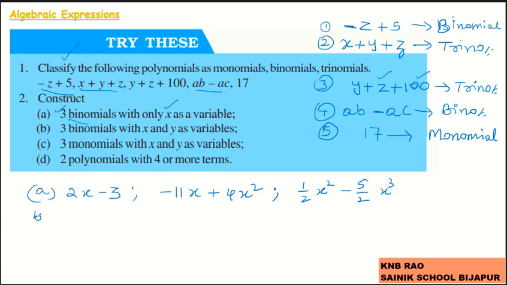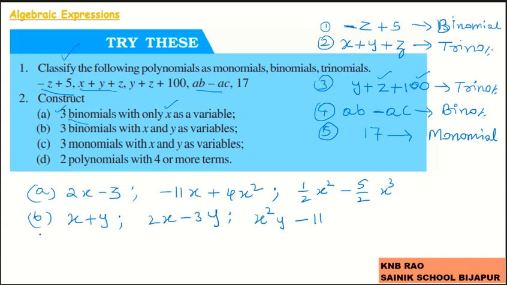Now, coming to the second sub question, B, 3 binomials with the variables x and y. I can use x plus y as one binomial, 2x minus 3y as another binomial, and x square y minus 11 as one more binomial having only the variables x and y.